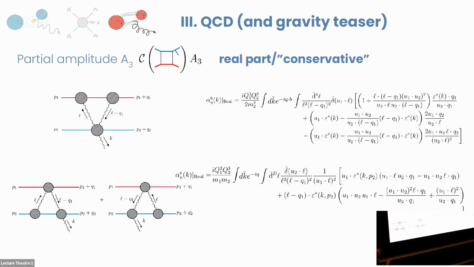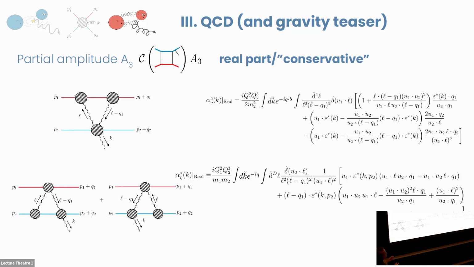One term is the heavy mass term, which contributes when this mass is heavy. You see that we get this delta function on the particle that we're cutting. As you might remember, the real part gets contributions from these one particle cuts. Here's the expression if you're interested, but they're not horribly complicated.